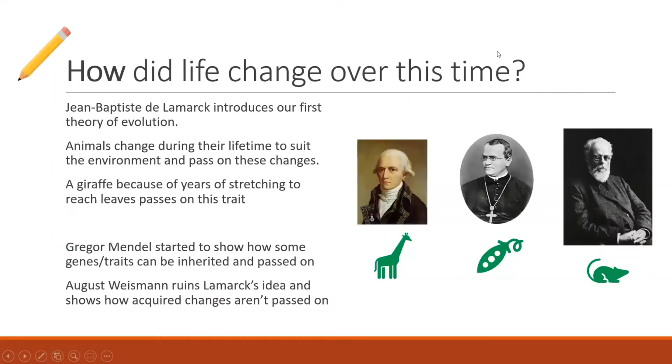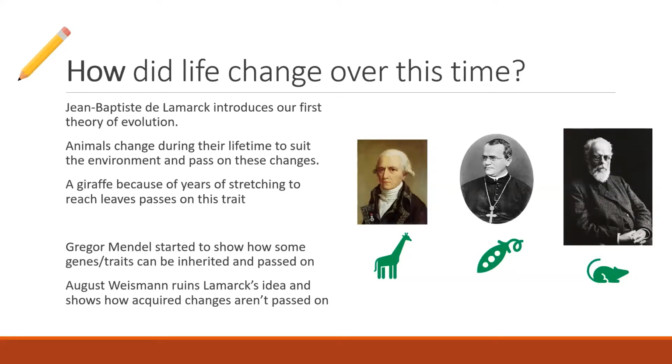How did life change over this time? We enter in, this is the third of the 4 slides. I've got 5-6 minutes left, so maybe I won't get to the very end of this, but I will at least point this out. Jean-Baptiste de Lamarck, French naturalist, introduces our first theory of evolution.